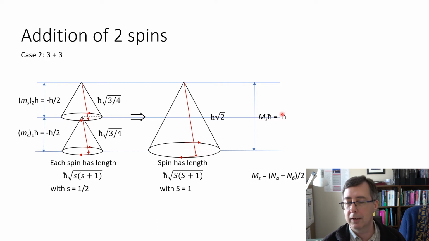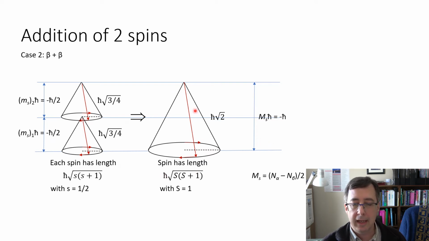You add those, you get minus 1 times h bar, so that's great. And again, this formula still works because now I have two beta spins and 0 alpha spins, so 0 minus 2 divided by 2 is minus 1, which matches the coefficient in front of h bar here, so big M sub s is minus 1. So that's cool.